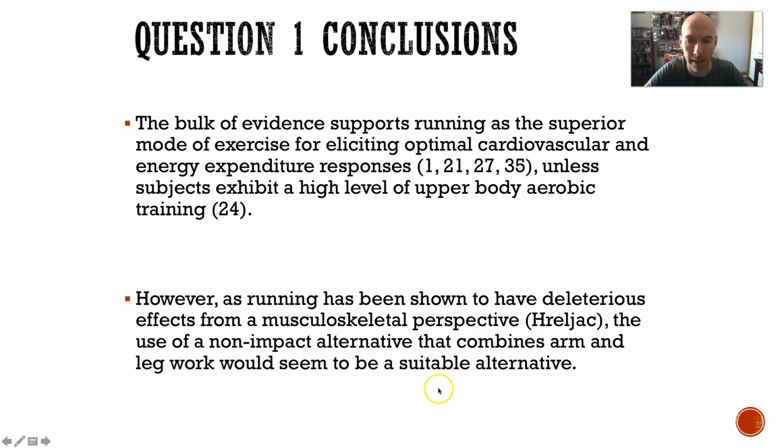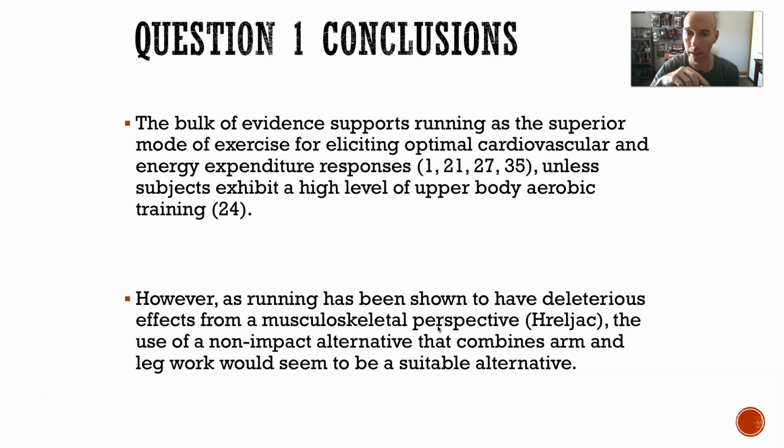But it does show us that if we could find a tool, a mode, an exercise machine where we would combine lower body and upper body exercise in some sort of non-impact option, that would get us as close to running as we could without actually doing that. So I mentioned earlier the Versa Climber, a cross-country ski machine.